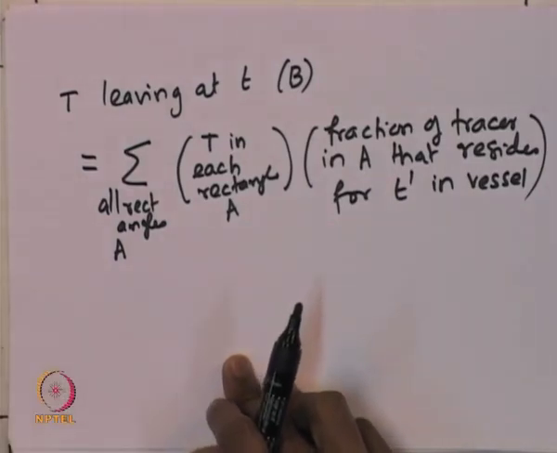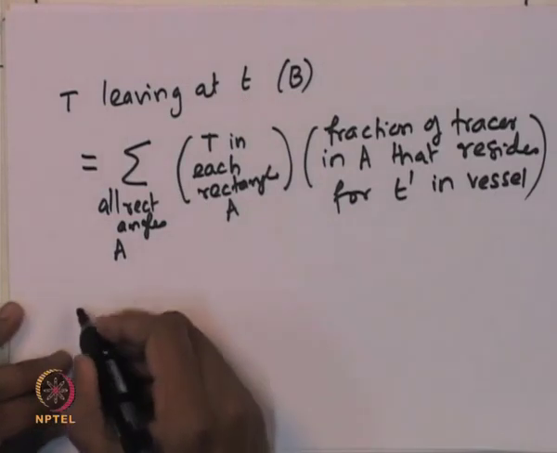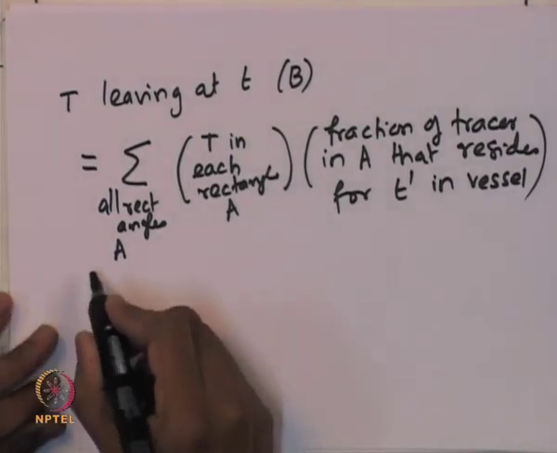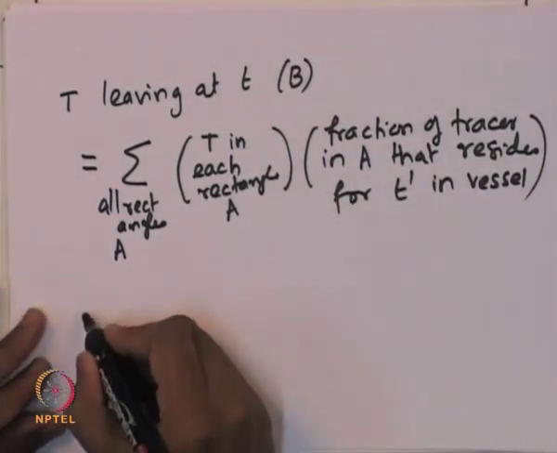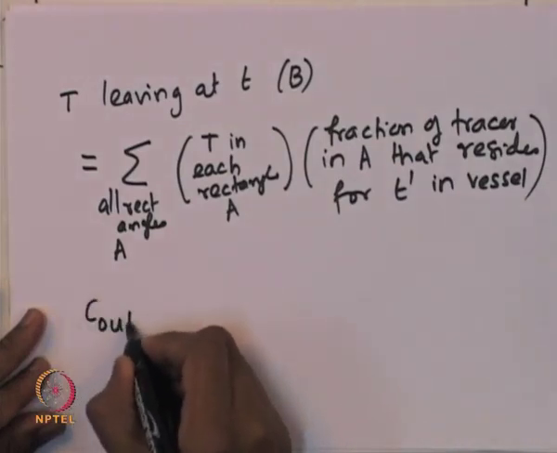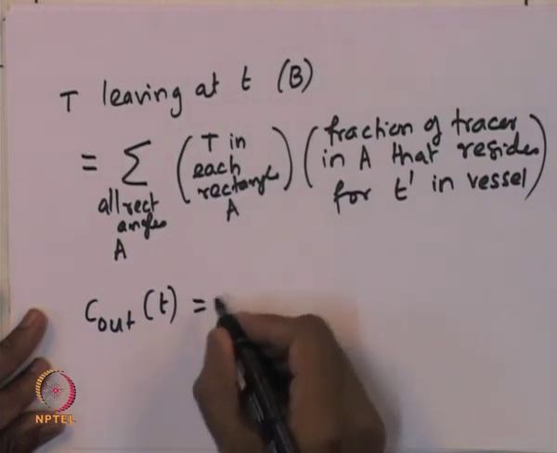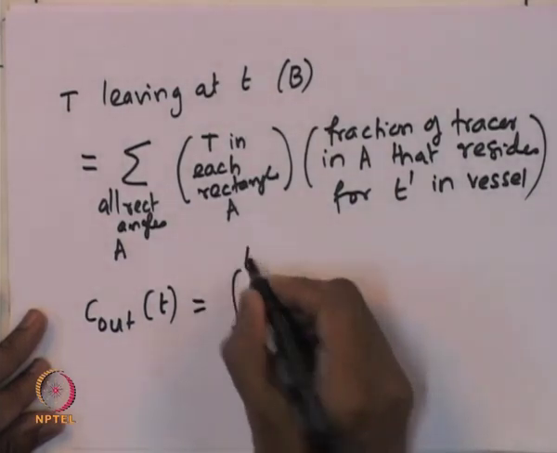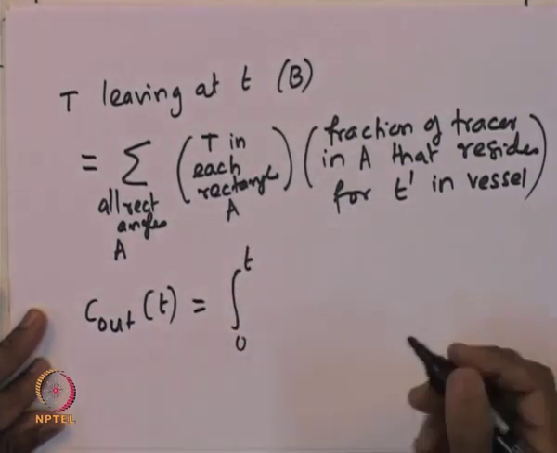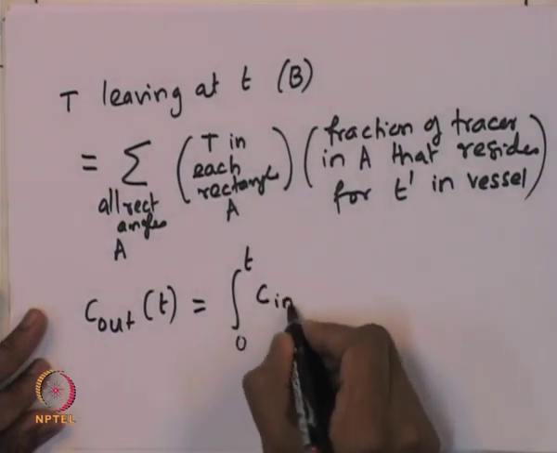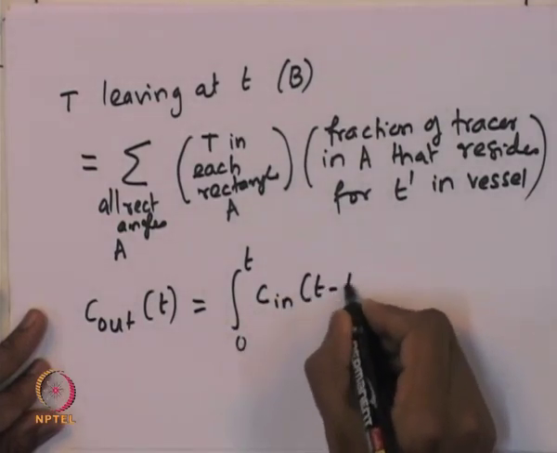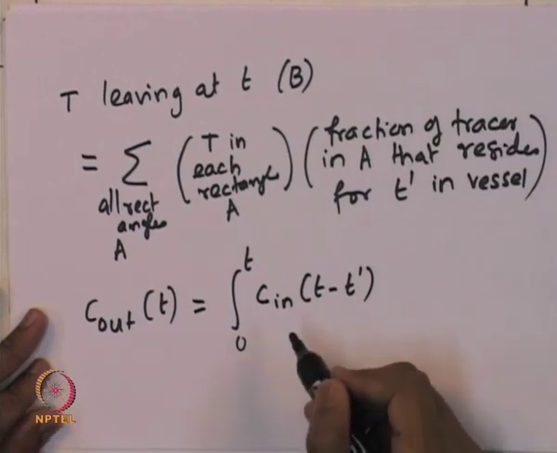Now if I plug in the corresponding quantities, and write this expression as an integral, the concentration of the species in the outlet stream should be equal to the integral from 0 to t, where t is the total amount of time that I am monitoring, of the concentration of the species in that rectangle.